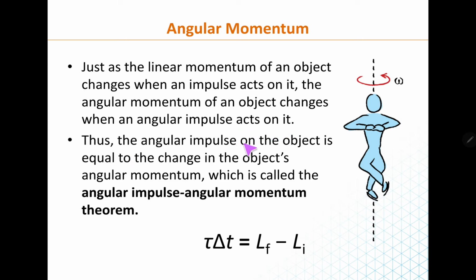Thus, the angular impulse on the object is equal to the change in the object's angular momentum, which is called the angular impulse-angular momentum theorem. The general equation is torque times delta t, where t is the time, equals L final, the final angular momentum, minus L initial, the initial angular momentum.